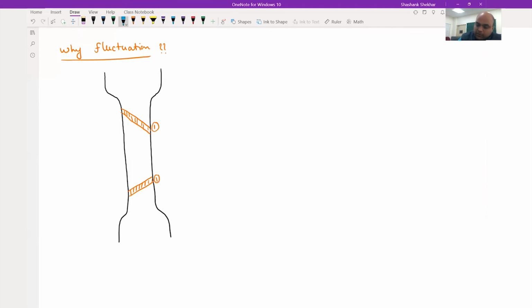Okay. So because of the two reasons. One, because you have a formation of Lüders bands in both the regions, and because of that, there will be slight reduction in the cross-sectional area.